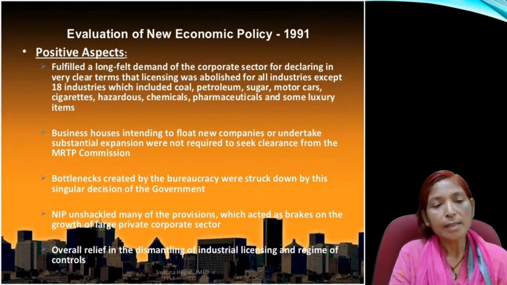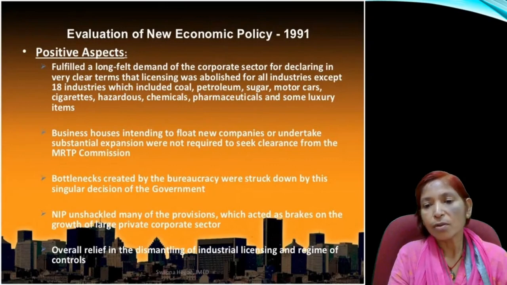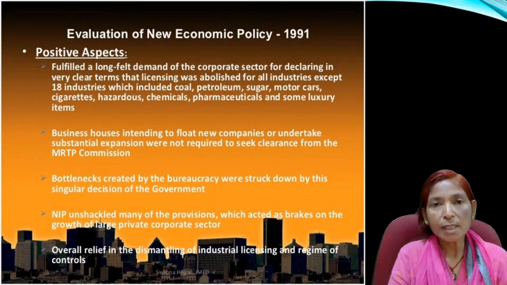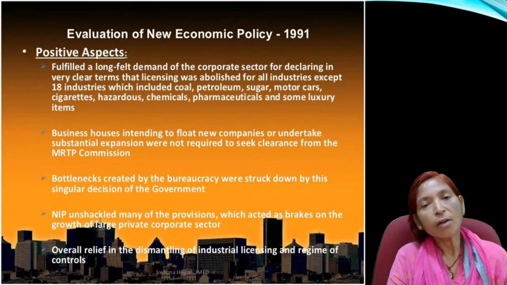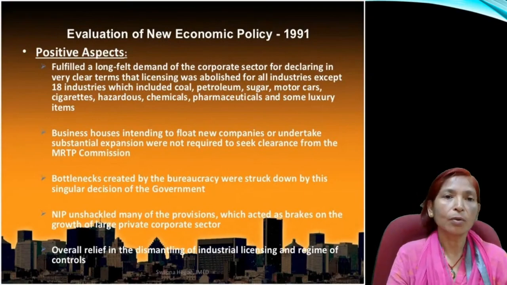Bottlenecks created by the bureaucracy were struck down by this singular decision of the government. So this new economic policy and new industrial policy unshackled many provisions which acted as brakes on the growth of large private corporate sectors. Overall, there was relief in the dismantling of industrial licensing and the regime of controls.